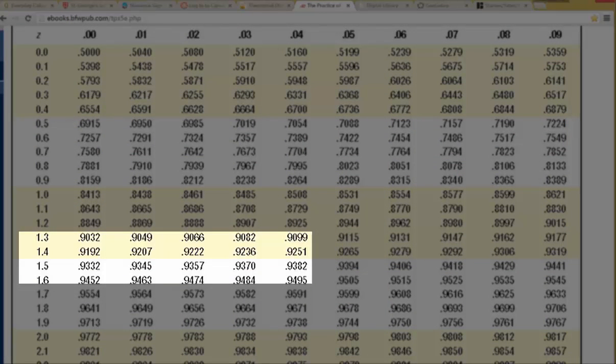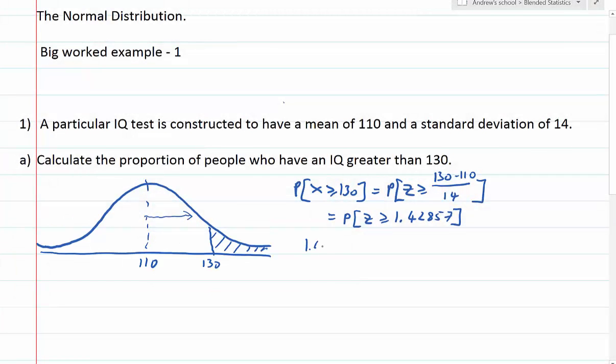1.42 is here at 0.9222, and 1.43 is here at 0.9236. So we have 1.42 was 0.9222 and 1.43 was 0.9236. So we can see that this is actually a gap of 14, 22 to 36, and we want to go 0.857 of the way through that interval, and 0.857 of 14 is 12.